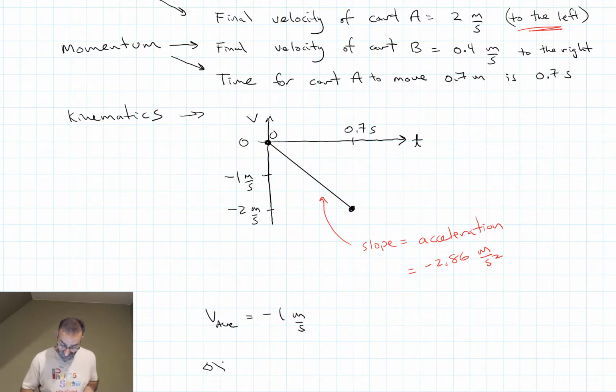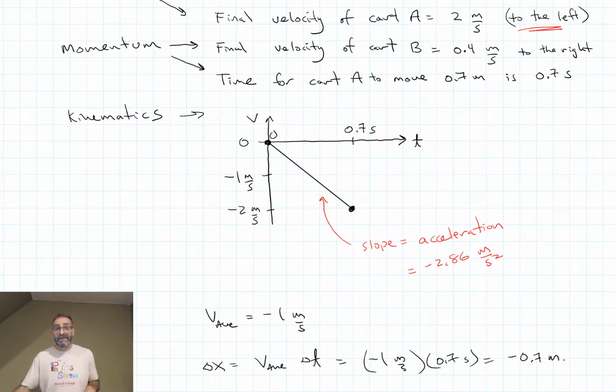And the displacement of the cart is going to be 0.7 meters in the negative direction. The cart moved by 0.7 meters in the negative direction. We knew that already, but that's just a good way to double check. Check. We got it right. We got the same answer that was given to us.